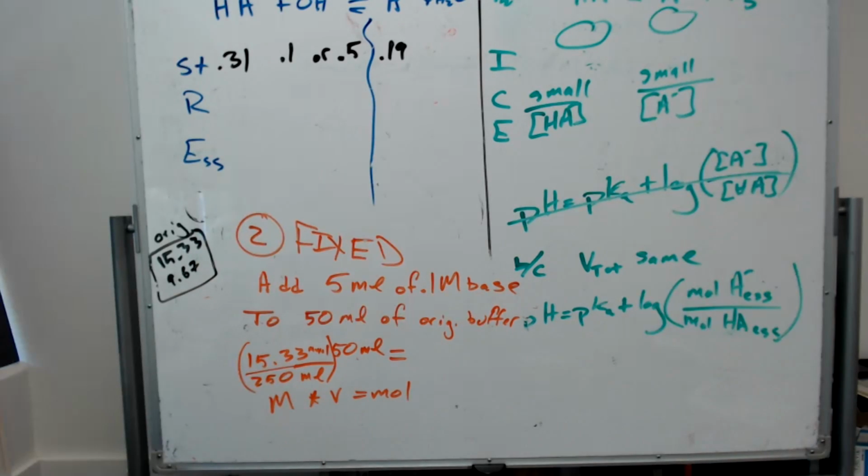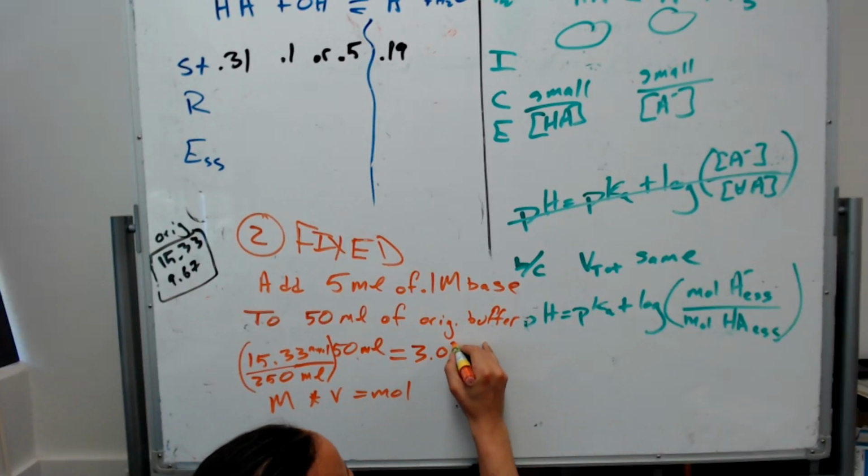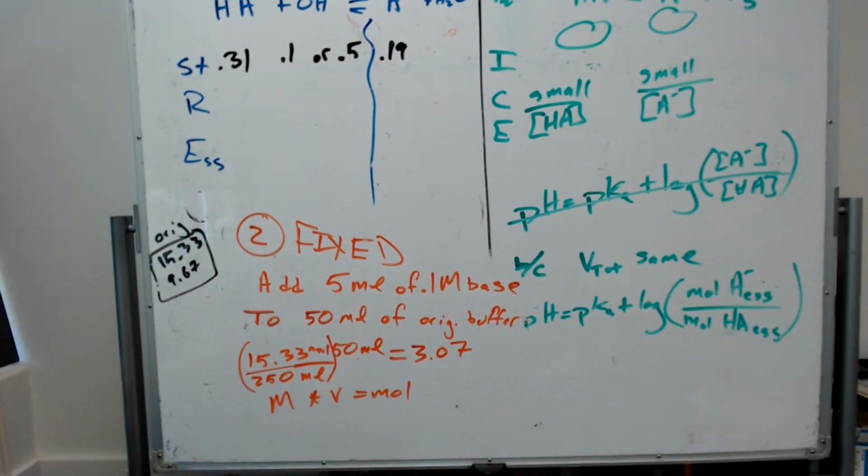So that's going to be like 3.07. 0.031. What is it? 3.066. What is it? 3.07. 3.07, 3.066. That is in millimoles.